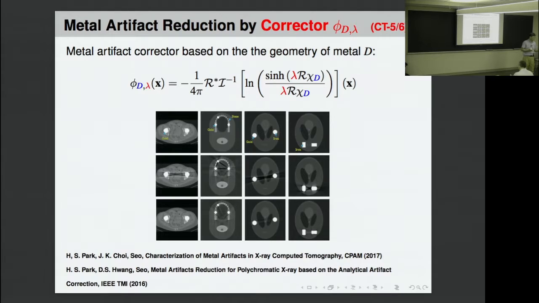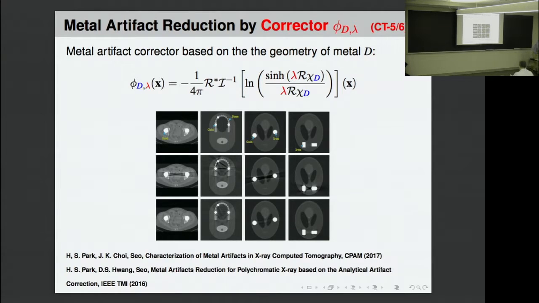And we discussed it with a medical doctor: the geometry of the metal, I know, I'm a doctor, I know the implant, the shape of the implant. So if you know the shape of the implant, can you remove the metal artifact? Then, okay, I can do it. So he developed the method using the geometry of this domain. So using the geometry, it could remove the metal artifact. This is the first version, and that paper is from 2017 or 2016.